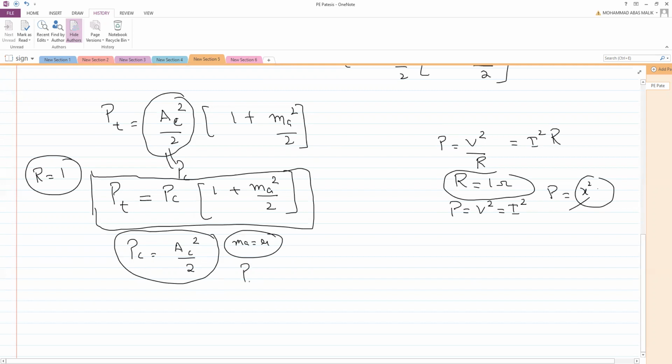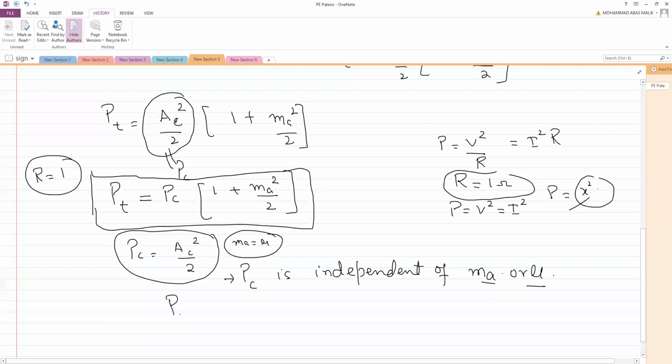So you can say PC, that means carrier power, is independent of MA or mu. That means it's independent of modulation index.